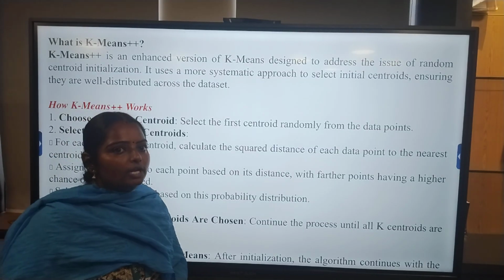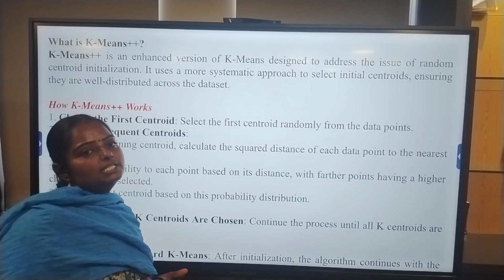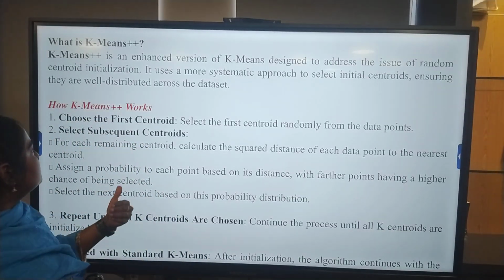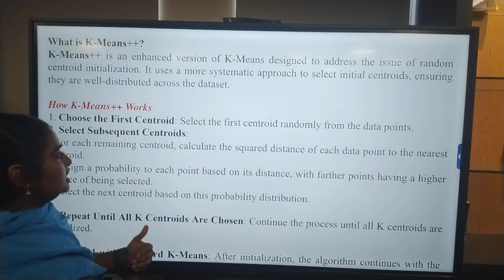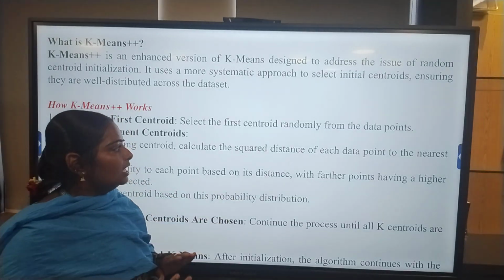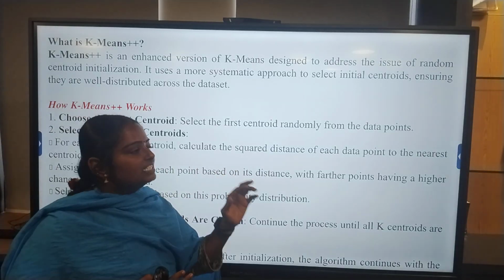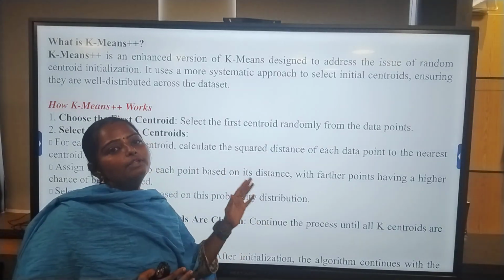In order to overcome all these issues, you have one more variation of the K-means algorithm, which is called the K-means plus plus algorithm. The major difference between K-means and K-means plus plus is that you are supposed to select the first centroid randomly from the data points.